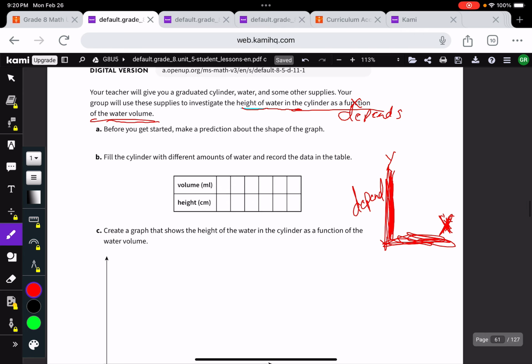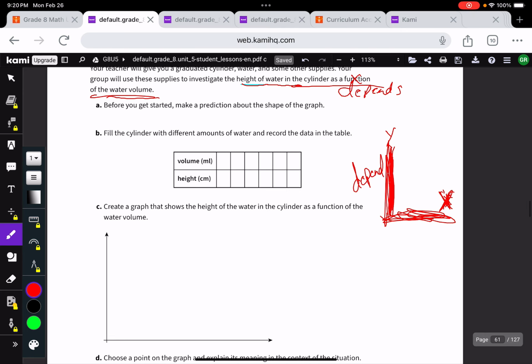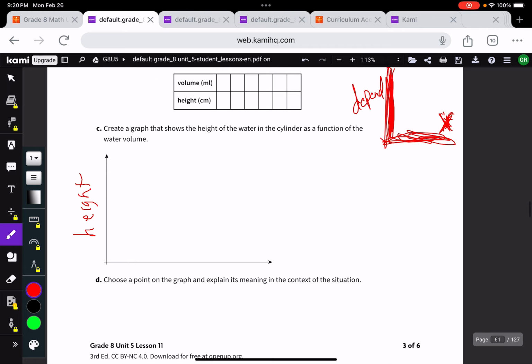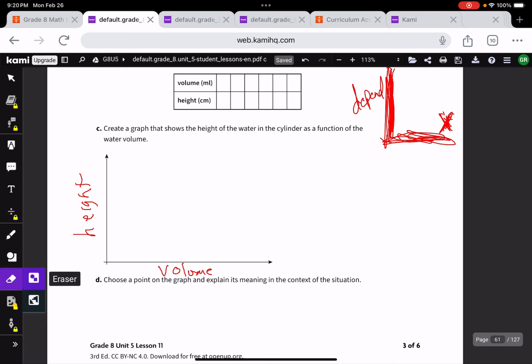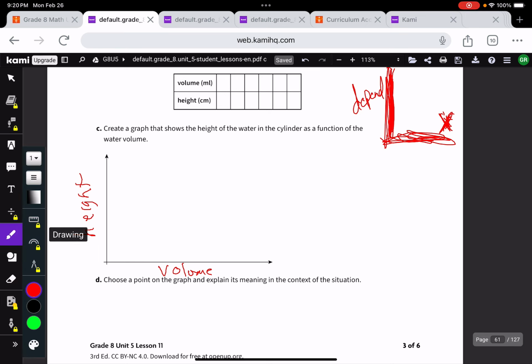So if the height of water depends on the volume of the water, then the height is going to be dependent on the volume, meaning the volume is the independent.